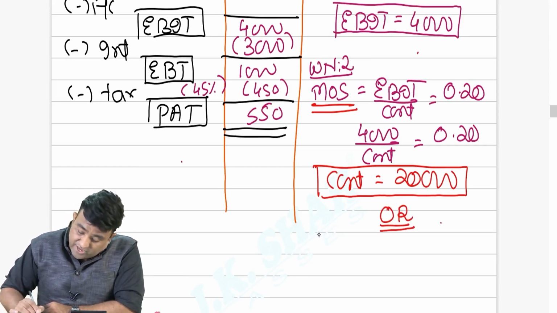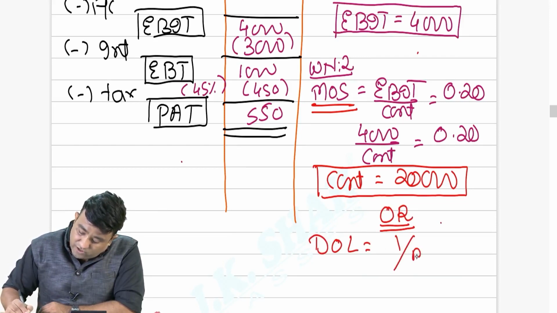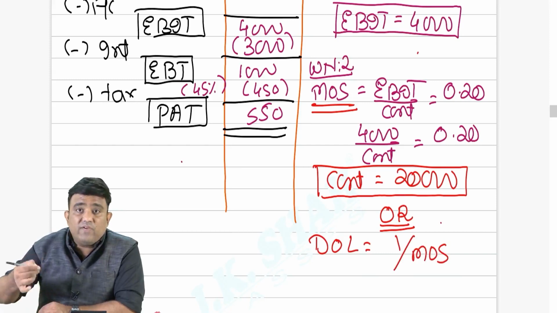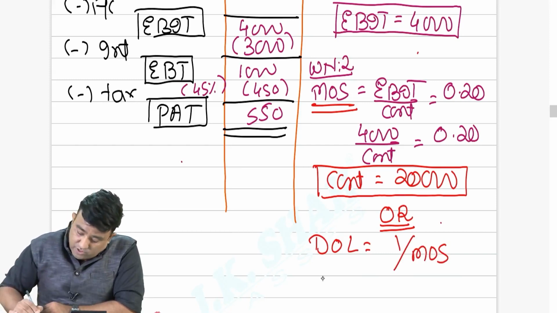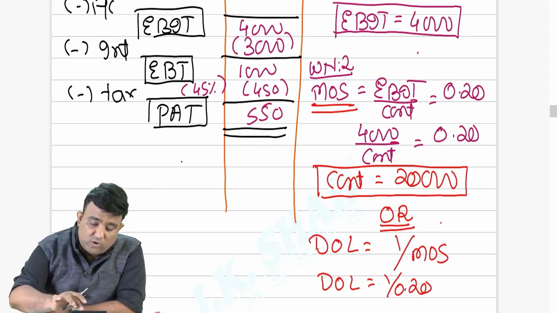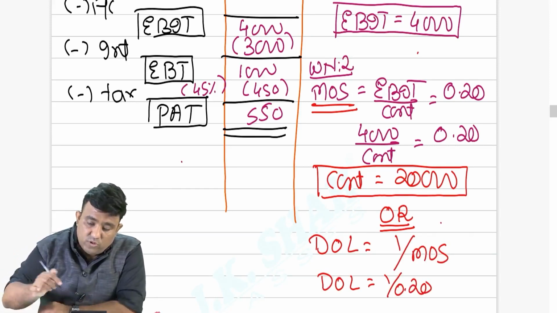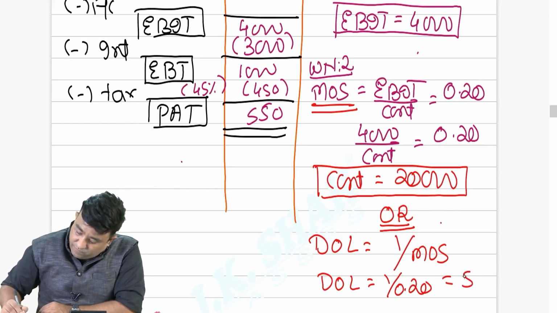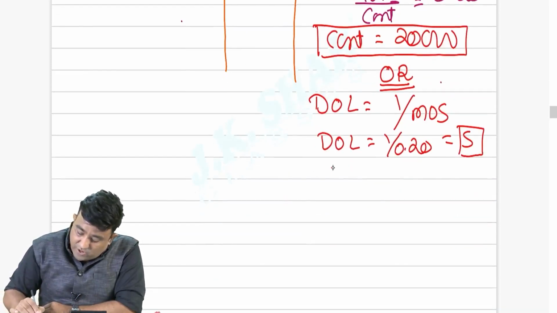Can I call DOL as 1 upon margin of safety? Reverse, reciprocal. So DOL is going to be 1 upon 0.2. So 1 upon 0.2 is going to be 5. So you have calculated DOL as 5, and now applying DOL.